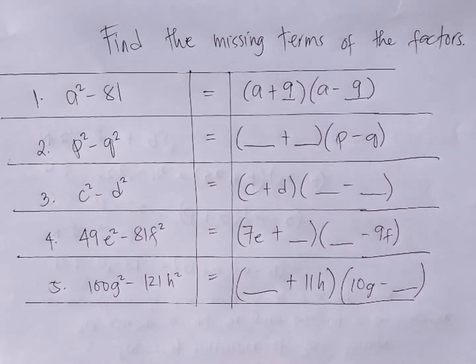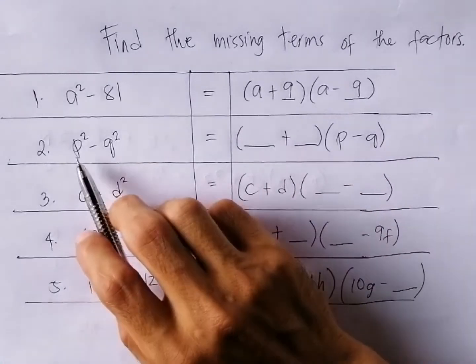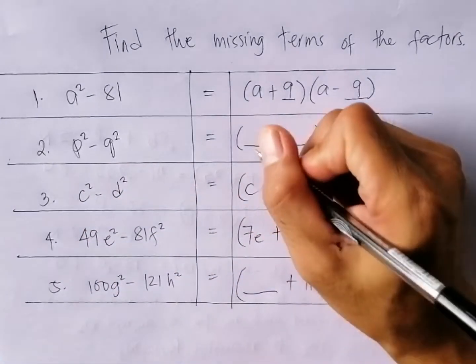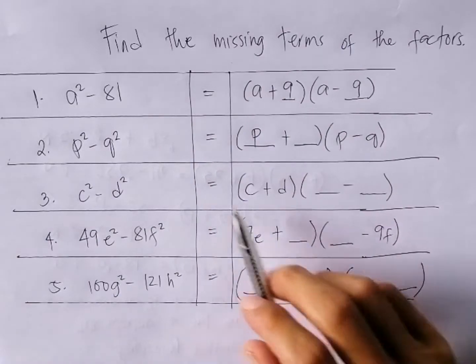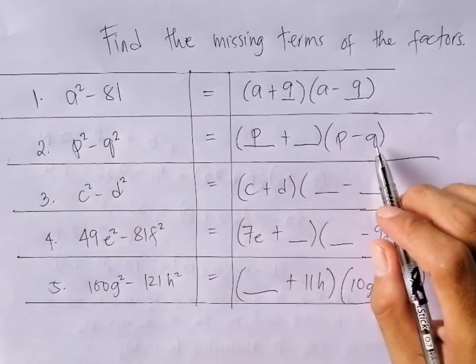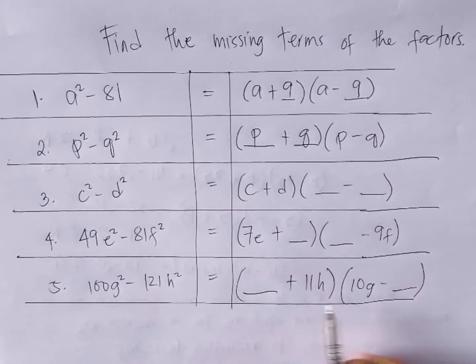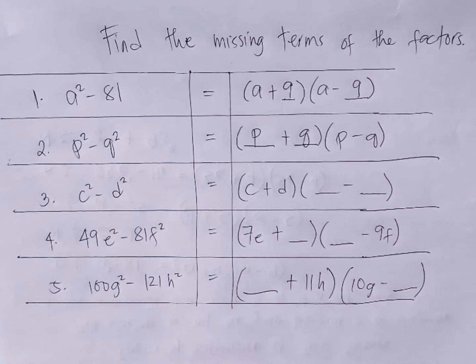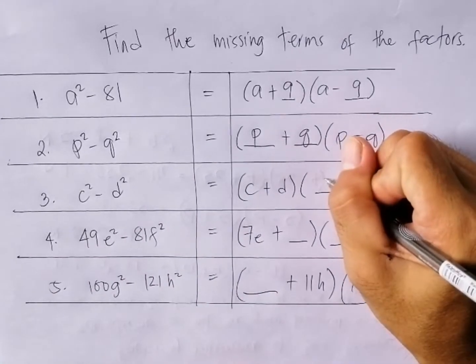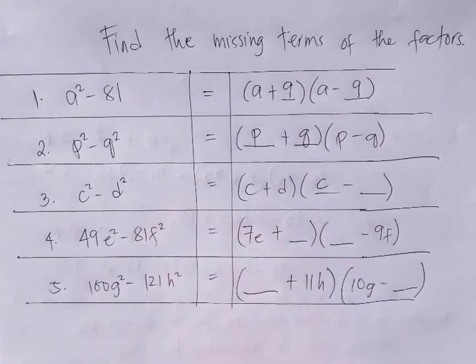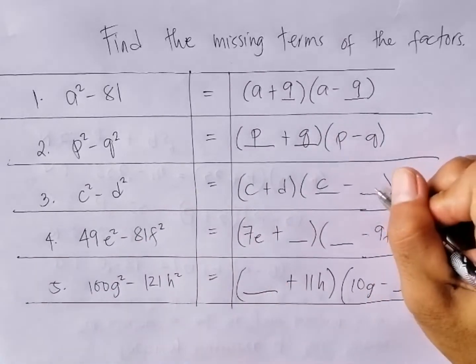Number 2, so p squared divided by p, that is p. Then q squared divided by q, that is q. Number 3, so c squared divided by c, that is c. d squared divided by d, that is d.